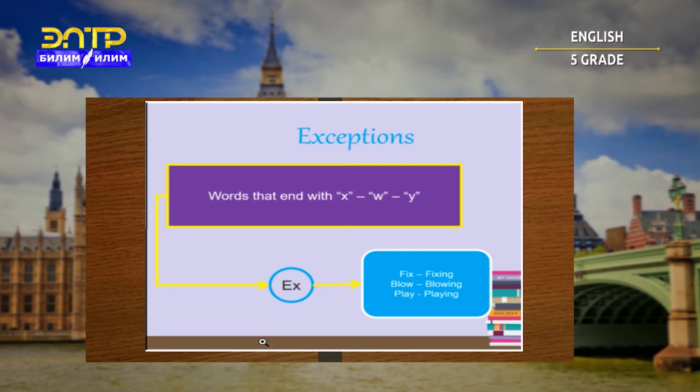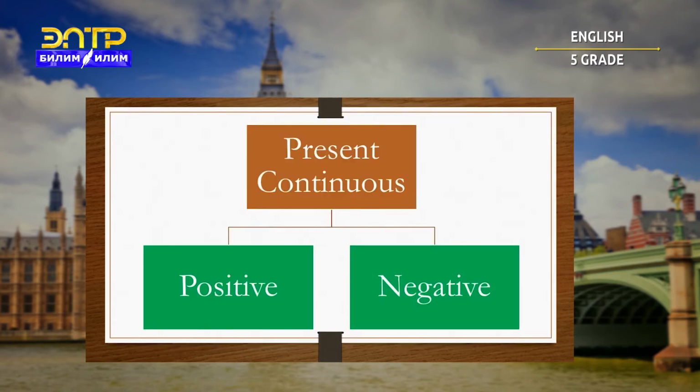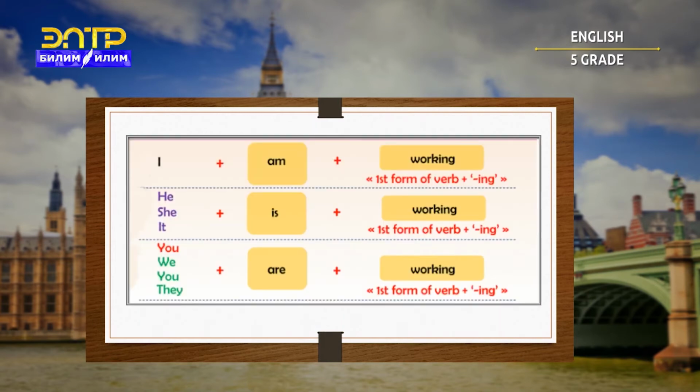As I have already mentioned, there are two forms of present continuous. One of them is positive and the second one is negative. As the present continuous is formed using the present tense of the verb to be plus the main verb, below is a reminder of how the verb to be changes in the present according to the subject.